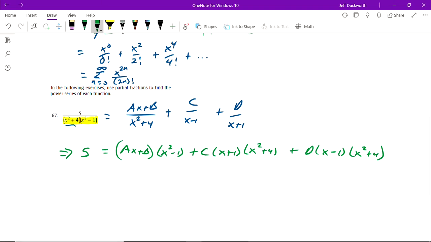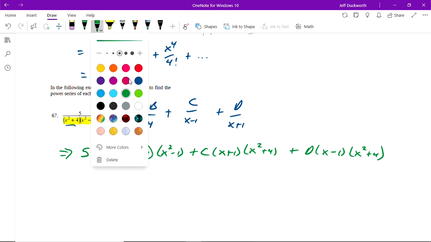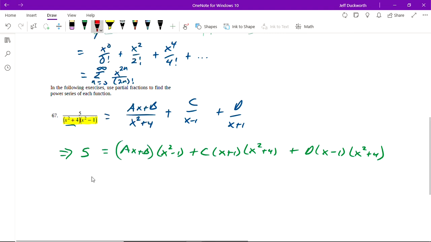So let's figure out what we want our x to be here. Let's let x equal 1. And I'm using 1 because it's going to cancel out the x squared minus 1, and it's also going to cancel out the x minus 1. So all we'll be left with will be c. We still have the 5 over here. So again, I plug in a 1 for x, x squared minus 1 goes away, and x minus 1 goes away.